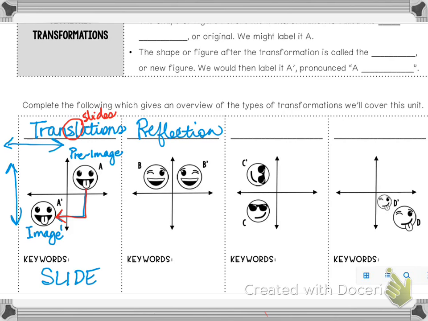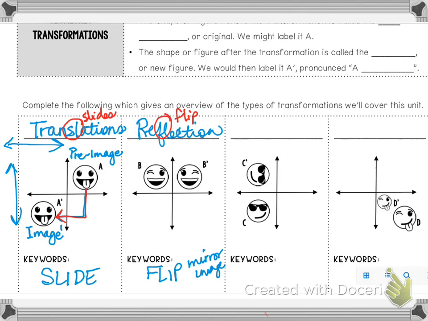And a reflection is just simply your pre-image has flipped over some line of reflection. So this is a flip or a mirror image. We're going to circle the FL in reflection to remind us that this is just simply a flip.